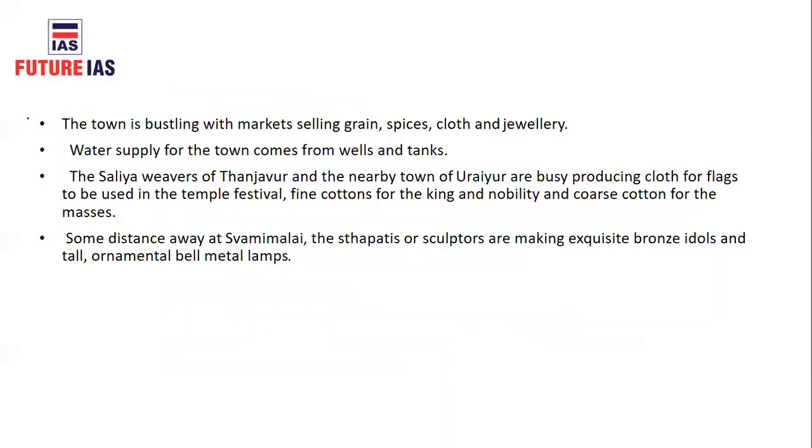The town, Tanjavur, also had a marketplace. For example, Tanjavur was selling grains, spices, clothes, and jewelry also. The water supply for the town came from wells and tanks at that period of time, isn't it? And you must also understand that it produced cloth for flags, which were used in the temple.